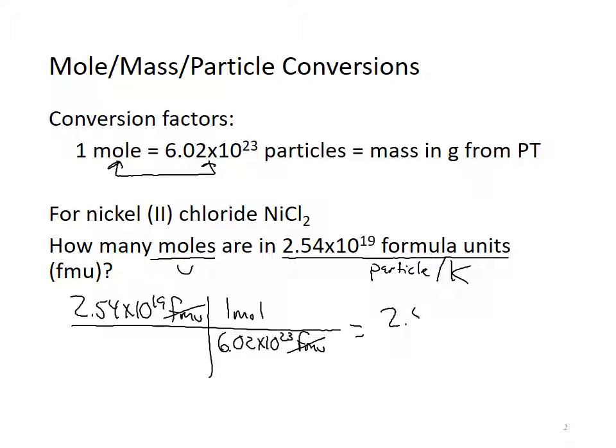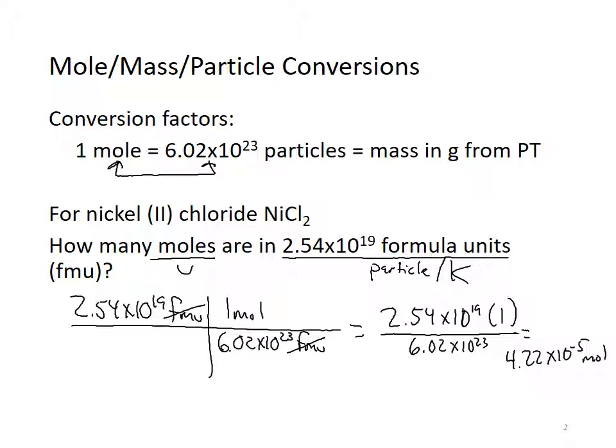And so 2.54 times 10 to the 19th times 1 divided by 6.02 times 10 to the 23rd. There's my math. If I put that in the calculator, and to three significant figures, because remember in scientific notation, the decimal part is the significant figure part, that comes out to 4.22 times 10 to the -5th moles.